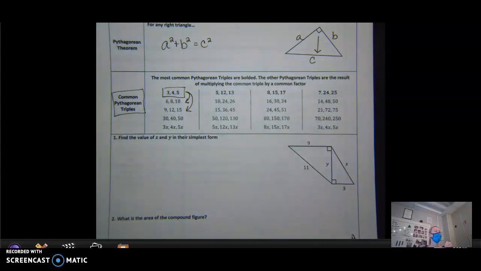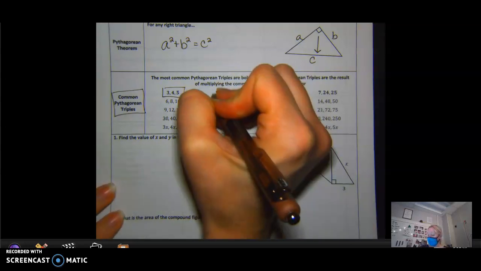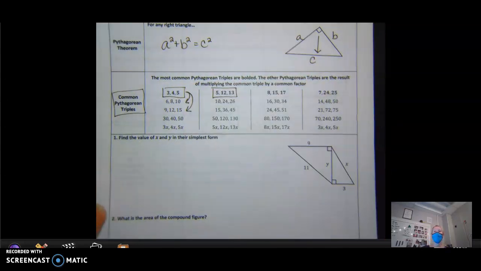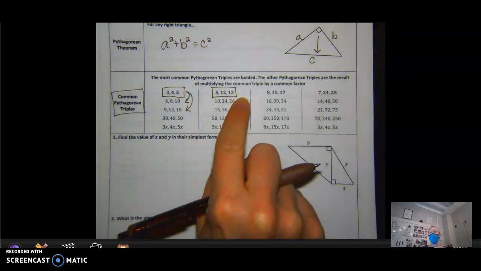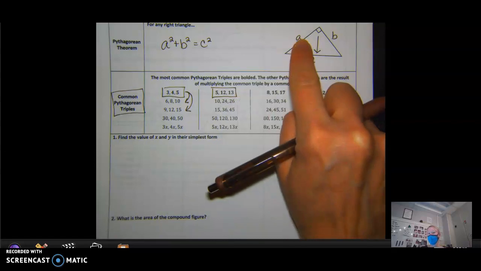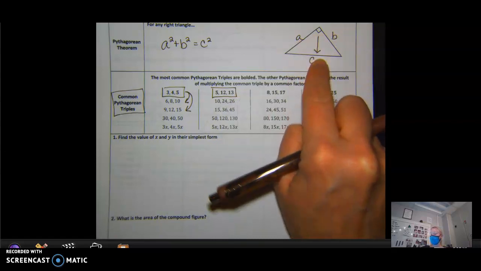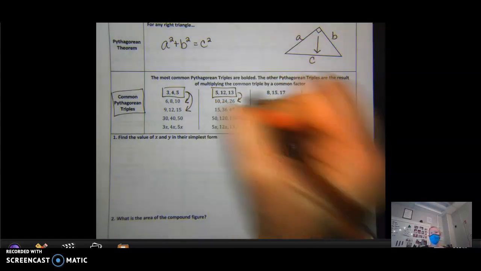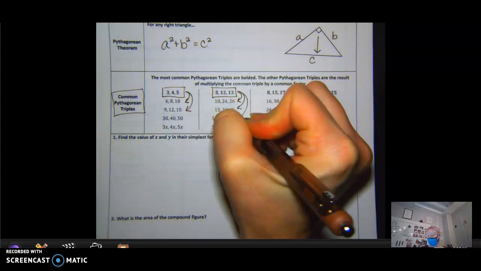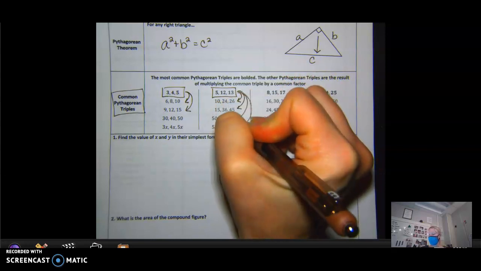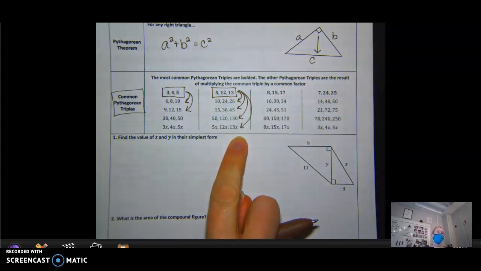Does that make sense, what a 3, 4, 5 triangle is and how that works? Okay. The next one to remember would be a 5, 12, 13. These are commonly used triples that are whole numbers that work. When I square 5 and square 12 and add them, I get the square of 13. If I multiply it by 2, that also works. If I multiply it by 3, or by 10, it doesn't matter what I multiply it by, it will also work with whole numbers.